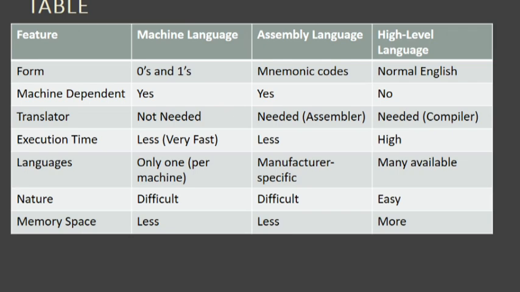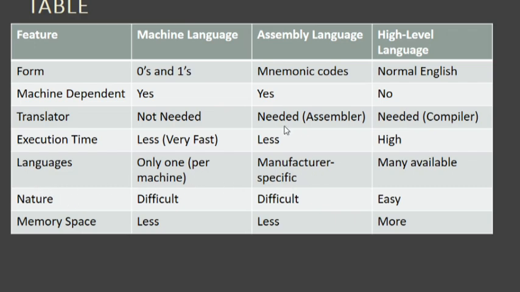Finally, what did you understand? You can write in any high level language, but finally it will be converted into machine level language only. Are you getting me or not? Once you convert into machine level language, only then can the machine understand. Otherwise, the machine cannot understand.